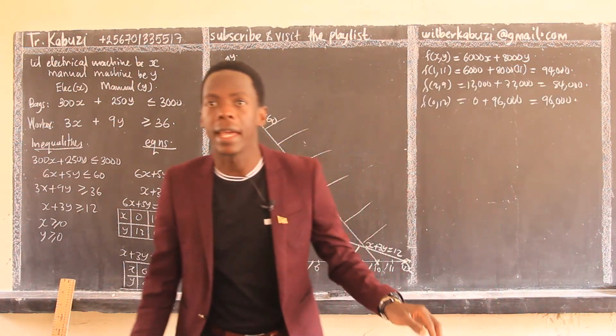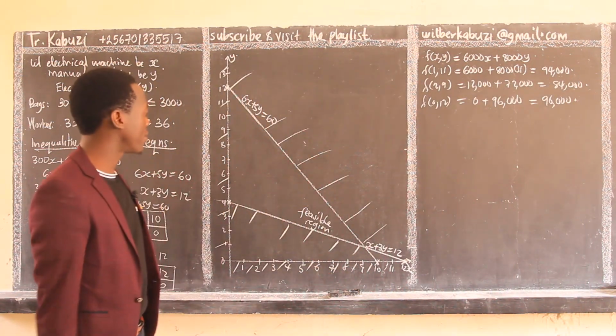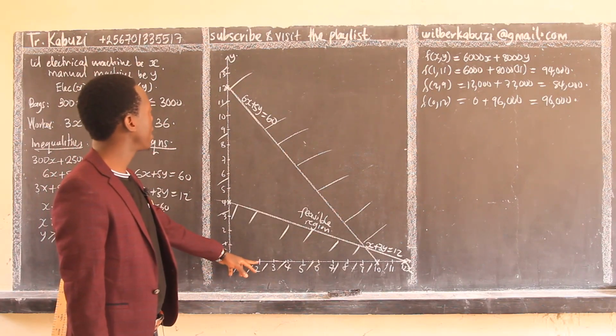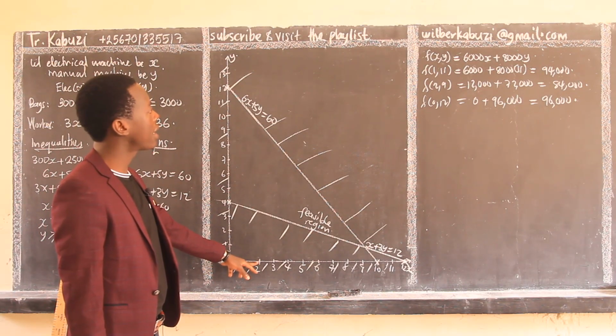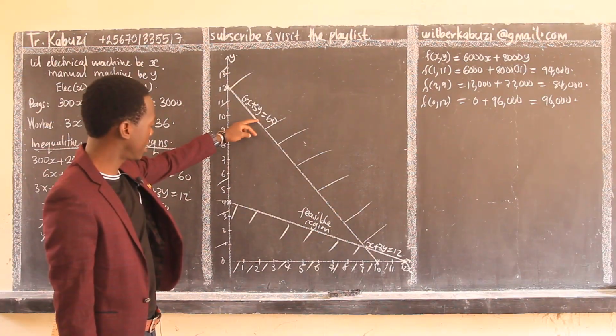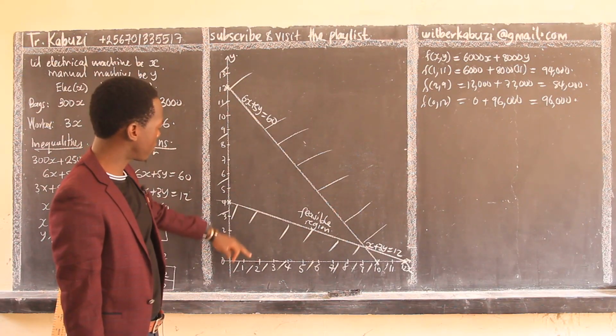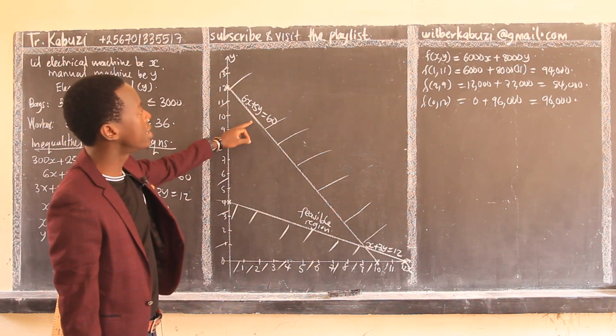So probably you could see, you can also try 2 and 10. Have I tried 2 and 10? Yeah, you can try 2 and 10, and 1 and 10.